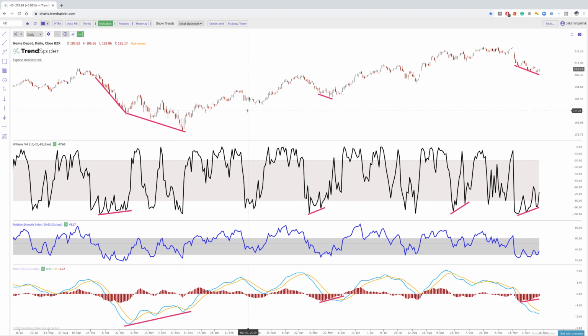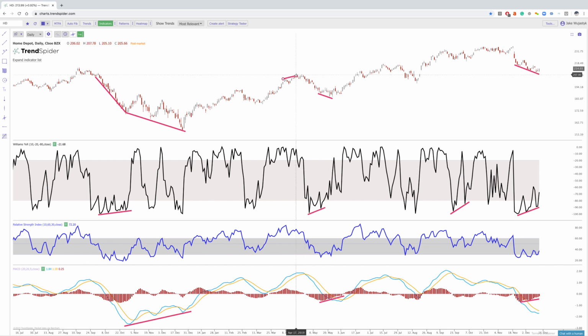Negative divergence is essentially when you've got a different type of setup, where let's say, in this case, let me find one, we've got a higher high here. Notice that we've got a close around 203.32, and then we've got a close here around 206.89.